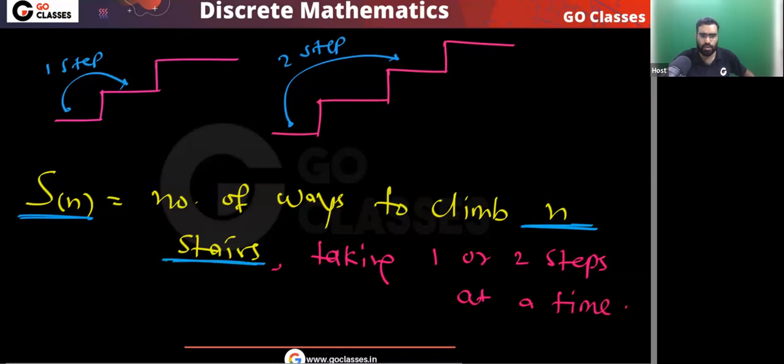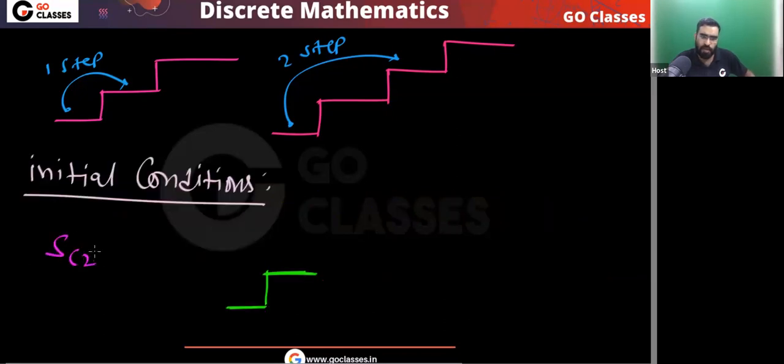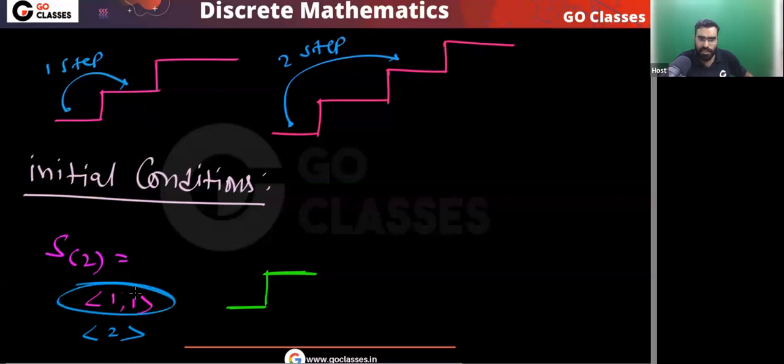So what will be S2? If you have two stairs, stair number 1 and stair number 2, either you can take one step and then one step, going 1, 1, or you can directly take two steps.